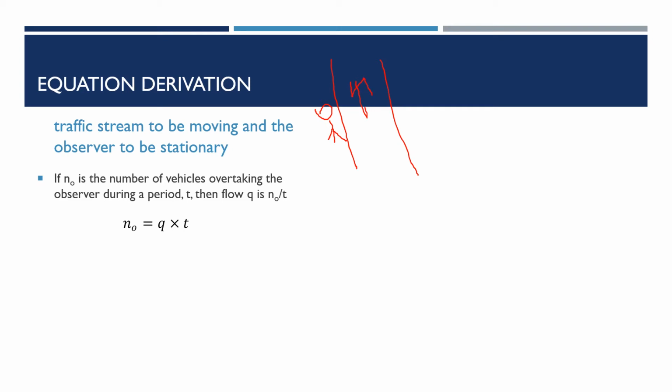In this case, vehicles are overtaking the observer, and we notice that N0 vehicles overtake the observer in a time period of T. So we can write the equation for flow, the macroscopic parameter, which is the number of vehicles per time period: Q equals N0 divided by T. From this, the number of vehicles overtaking the observer during the time period T is equal to Q into T, the flow into the time period.